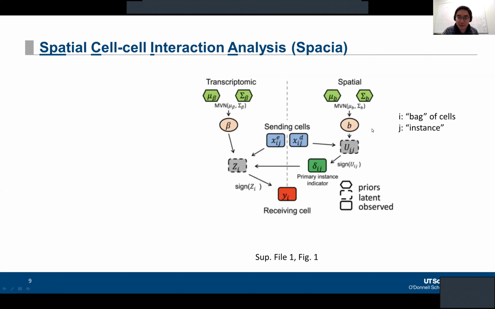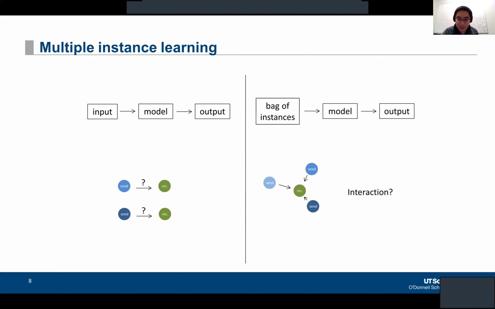So this is the general structure of our model that we call Spacia, which stands for spatial cell-to-cell interaction analysis. There is much more detail in the paper, and of course the supplemental. Here we use the spatial information from spatial transcriptomics to determine which cells are eligible for interaction in a given collection, a collection of one potential receiving cell and the surrounding multiple potential sending cells.